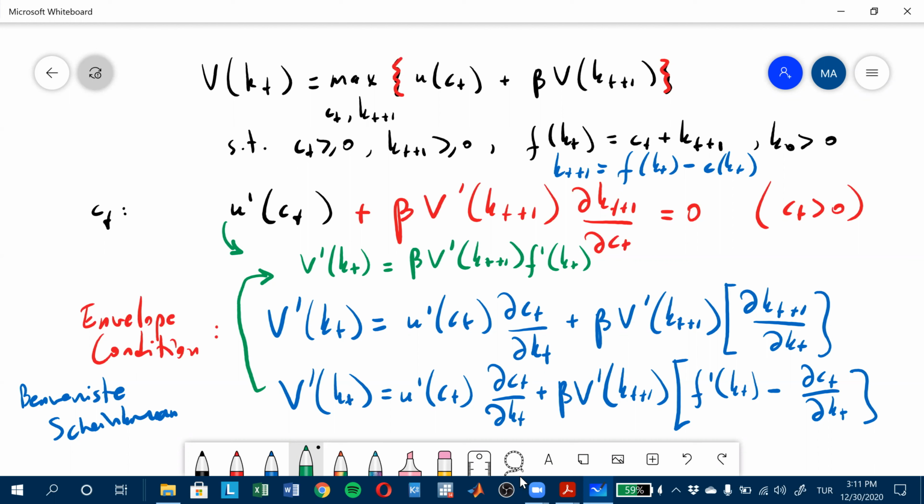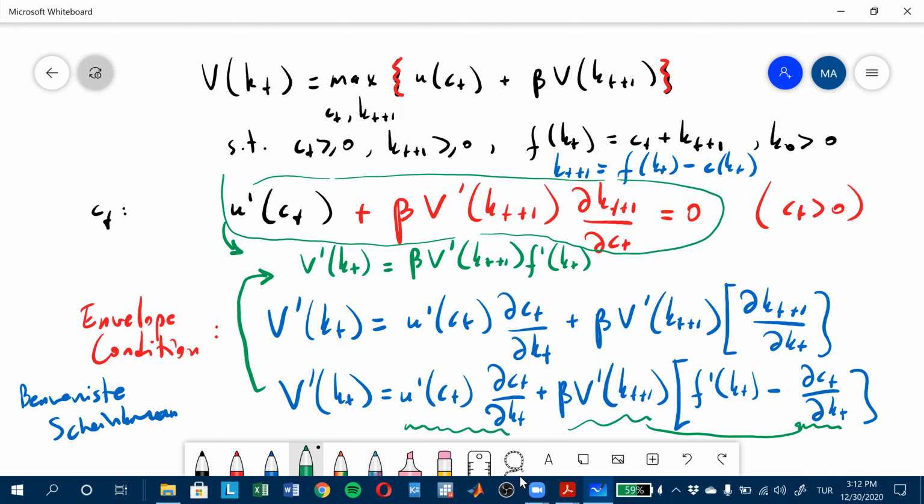Look at this. This one multiplied by this one is equal to 0, right? By this equation. Because this is equal to minus 1. This one is equal to minus 1.